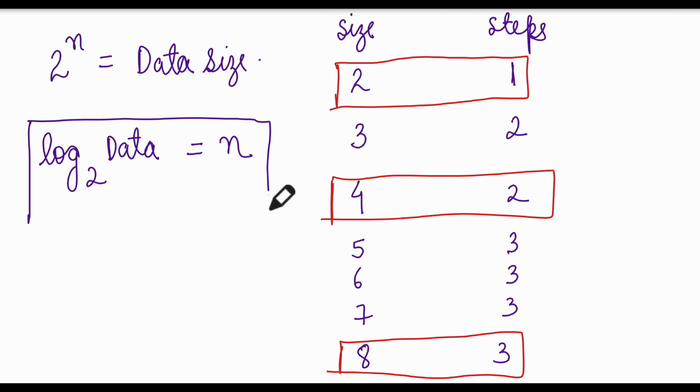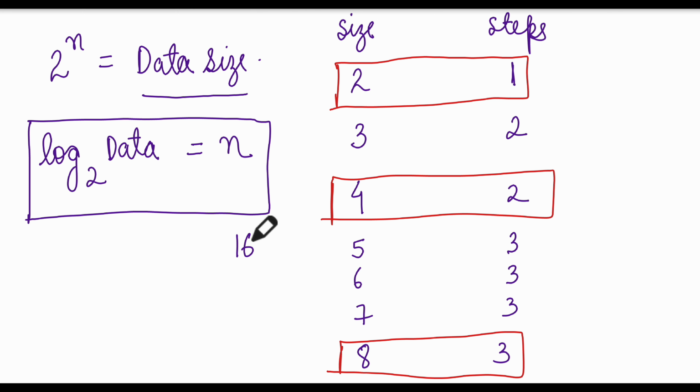We don't need to go too much into maths. Just try to understand what this algorithm means. It means what power of 2 will be required to reach this particular data size. As simple as that. For example, let us say you are given a list of size 16 and you have been asked to find an element inside it.